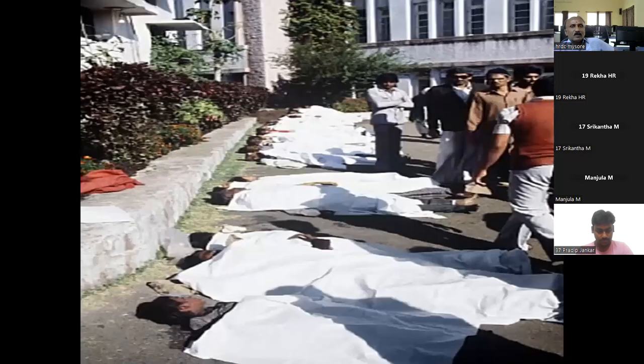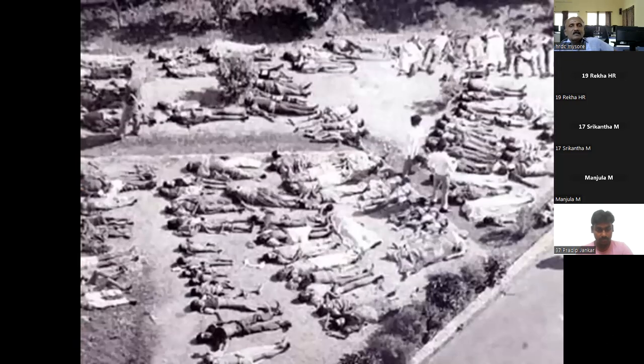See, look at this Bhopal gas tragedy. When many people died, they even found it difficult to bury the dead bodies. And if you keep the dead bodies on the surface for a long time, it supports the growth of various disease-causing microorganisms.